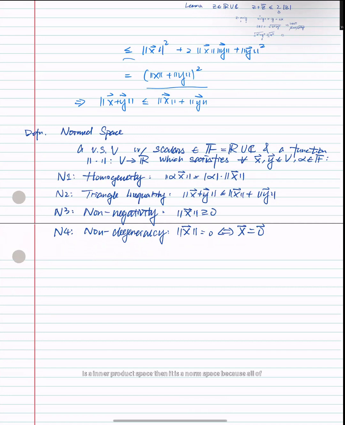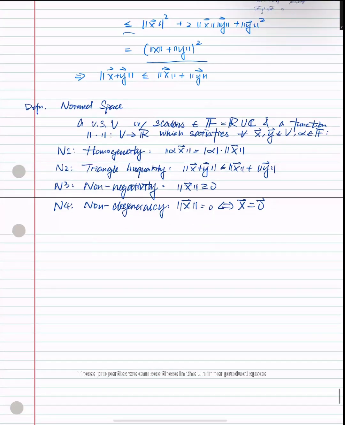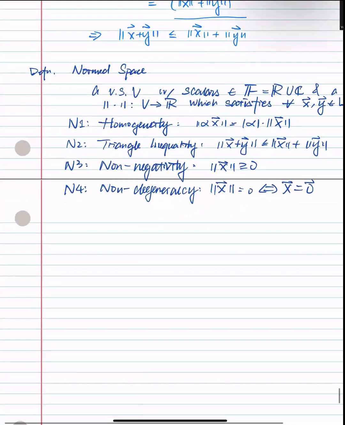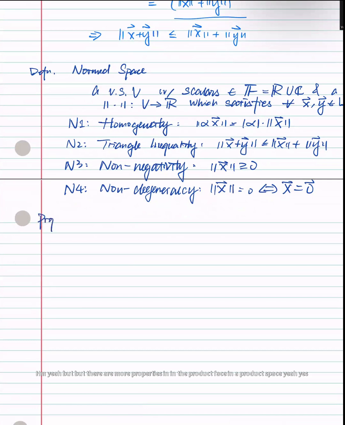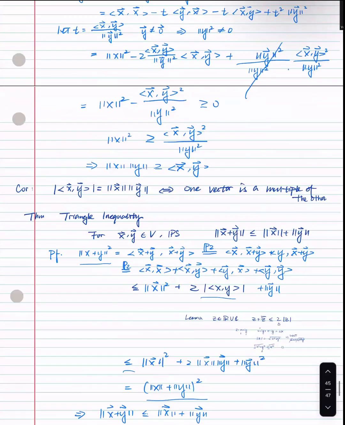So we actually have a proposition saying if V is an inner product space, then it's a norm space, because all of these properties we can see in the inner product space. But there are more properties in an inner product space.